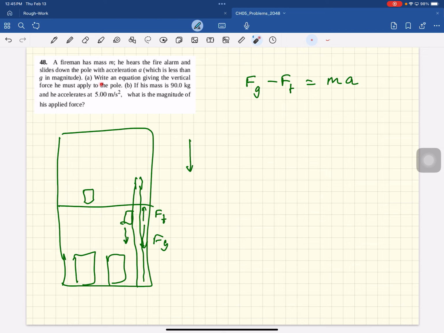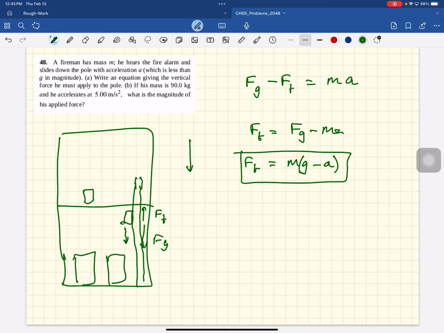Okay, so write an equation giving the vertical force he must apply to the pole. So for that acceleration, the vertical force is Fg minus ma, which is m(g minus a). Okay, if you want that acceleration, that is the force you've got to apply. That's what the equation is saying.